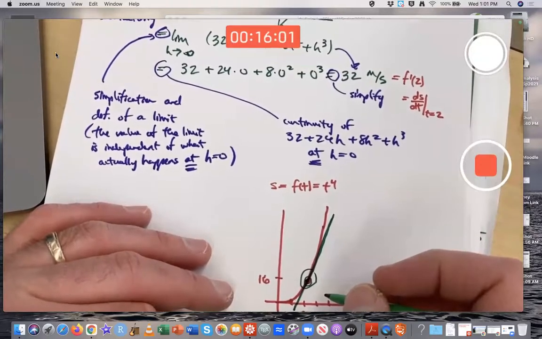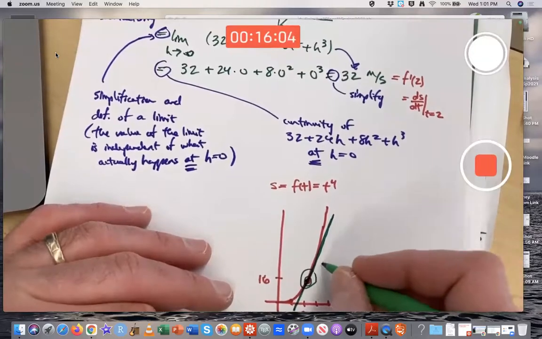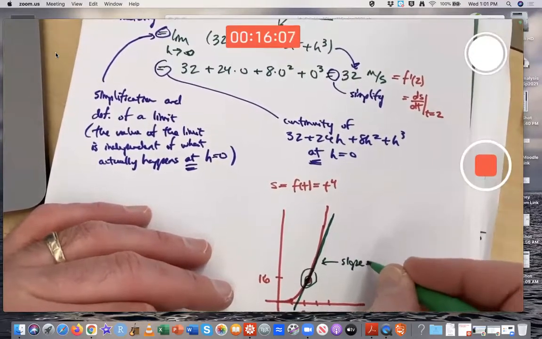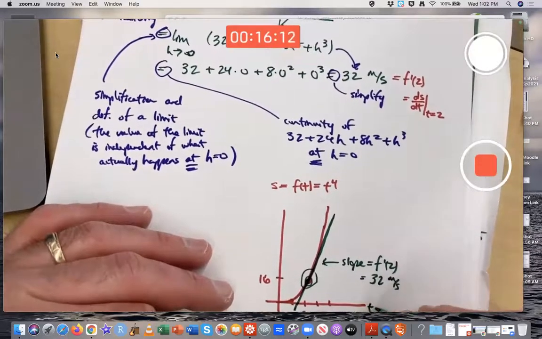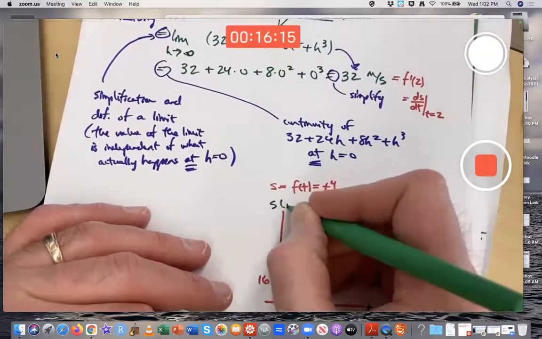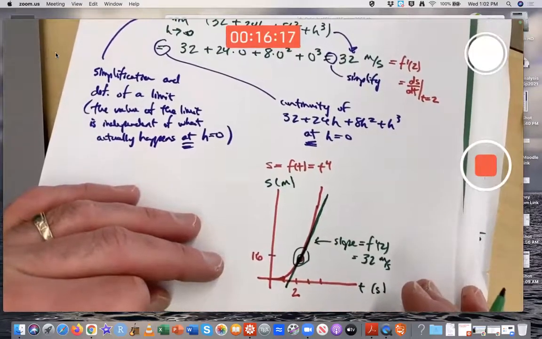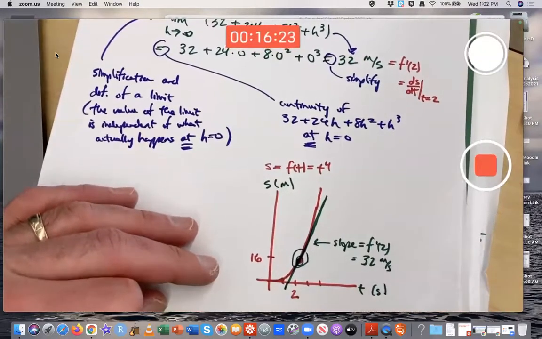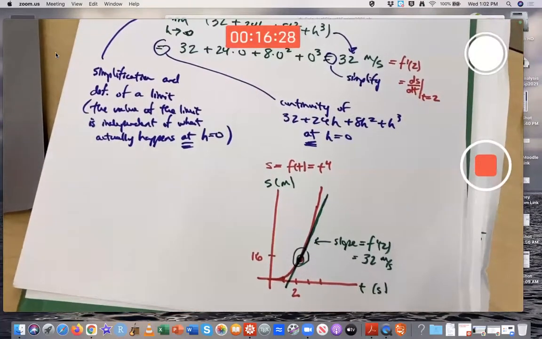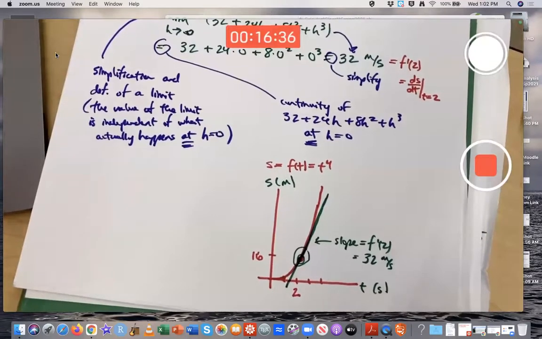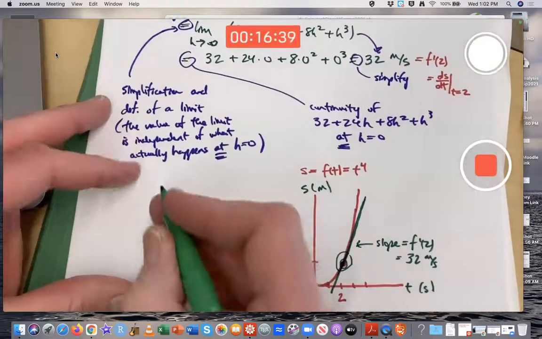And that slope here represents a speed. And the slope of this is f prime of 2, which we just found to be 32 meters per second. t is in seconds, and s is in meters. What does that tell you? That tells you that at that instant in time, that's how fast you're going. What does that tell you? That tells you, for example, approximately how much further you're going to travel if you go for another, say, 0.1 seconds.